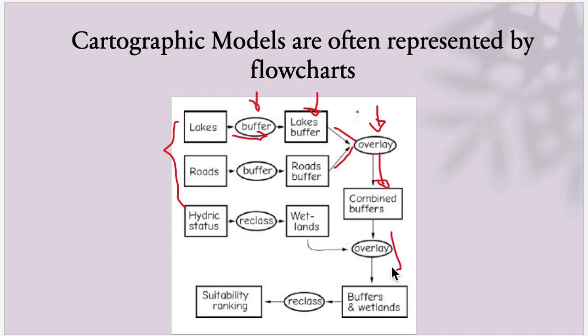After doing this analysis with these operations, we finally have our final layer, which is called the suitability ranking layer, and this layer summarizes the ranking of lands based on the provided criteria.